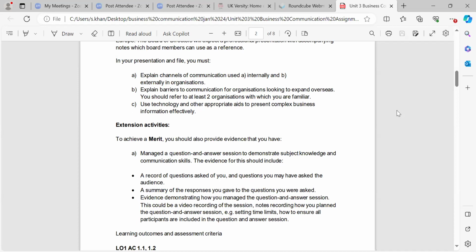You must also provide a summary of the responses you gave to the questions you were asked. Thirdly, you must provide evidence of demonstrating how you managed the question and answer session. This could be a video recording of the session, or notes recording how you planned the question and answer session, for example, setting the time limits, and how to ensure participants are included in the question and answer session.